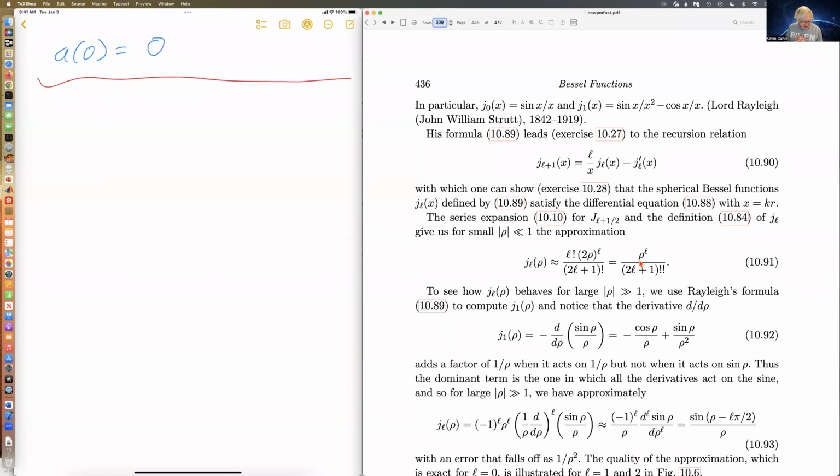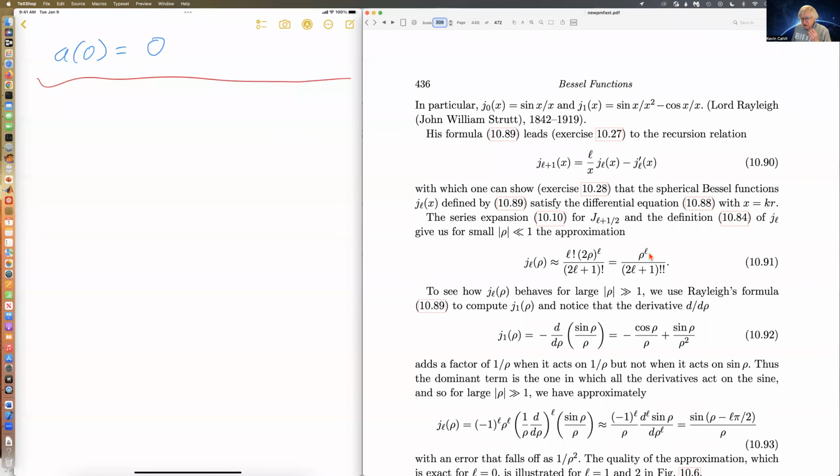And what did that mean? That meant that the thing had to be of short range, and so rho had to be very small. And why is that? Well, only the l equals 0 term contributes.